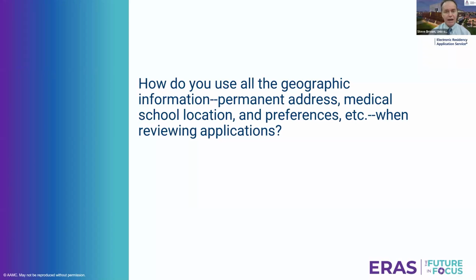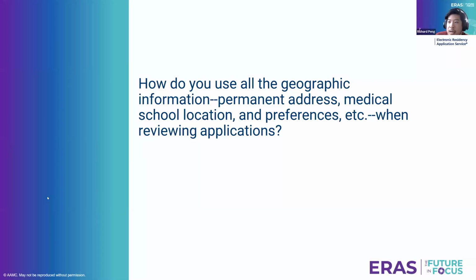I answered this in the chat earlier with the caveat that if you don't have a preference, that's fine, if that's your genuine preference. If you are choosing 3 geographic locations that do not include the program that you're applying to, then we will know that as program directors. And so I do think, as I mentioned earlier, in family medicine, the ties to the area are pretty important.